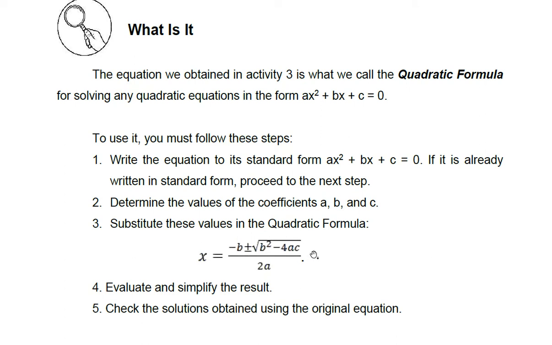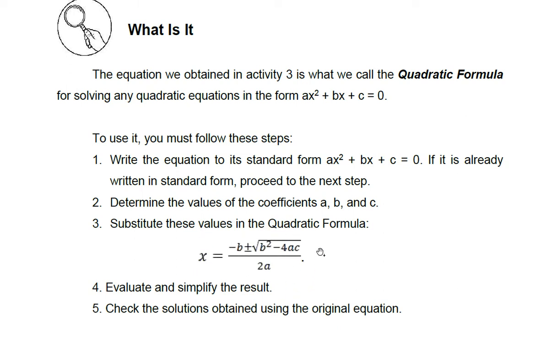To read this, that is x equals negative b plus minus square root of b squared minus 4ac over 2a. So again, x equals negative b plus minus square root of b squared minus 4ac over 2a.